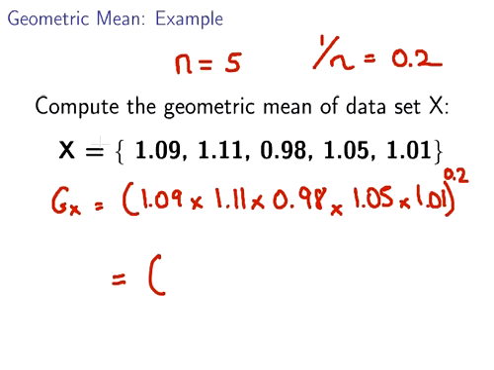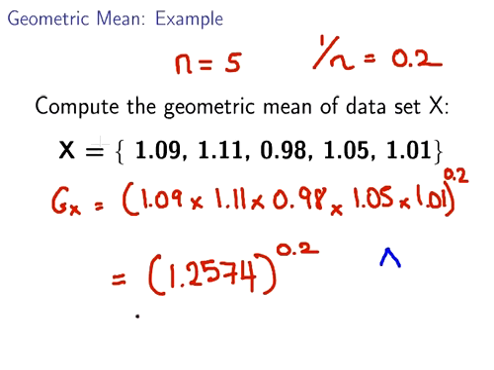That is 1.2574 to the power of 0.2. If you're unfamiliar with how to calculate powers, look for this little symbol in your calculator, the chevron symbol.